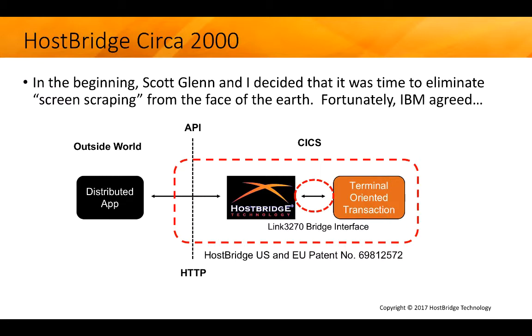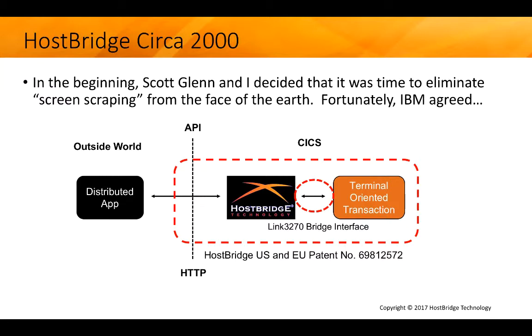We decided, on the basis of some conversations with various customers at that time, that it was simply time to eliminate screen scraping as an integration technique or approach from the face of the earth. Fortunately, IBM agreed with that perspective, and in about the 1999, 2000 timeframe, they introduced some fundamental technology in CICS that made that plausible. It didn't work out of the box necessarily to accomplish that goal, but it definitely laid the foundation.